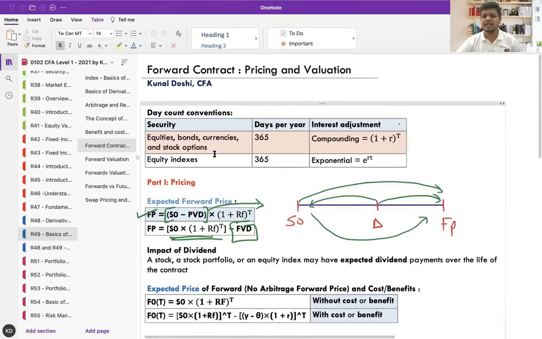Just one small thing that I have to mention here is that this is not with regards to level 1. In level 1, you will just be valuing equities, future prices, equities, or rarely commodities. You don't have to do the valuation for indexes. So I have considered how many days in a year for all these equity prices?